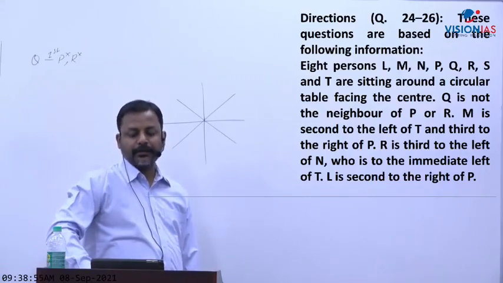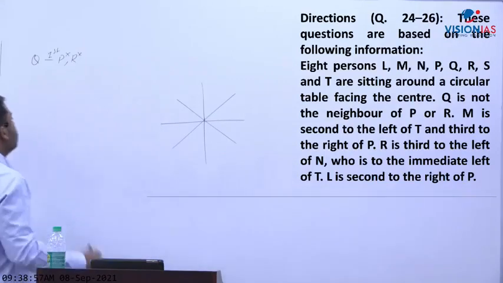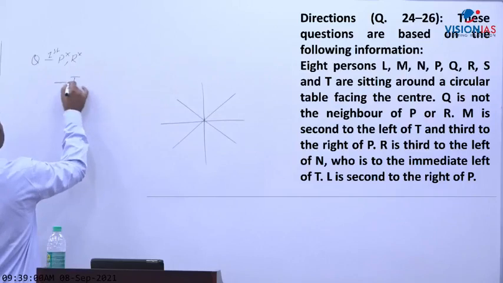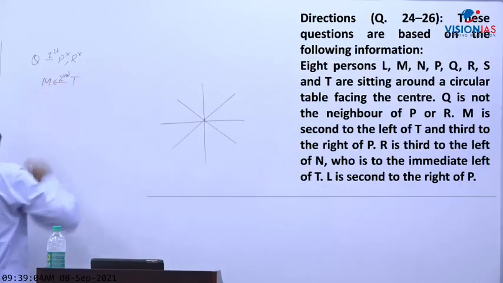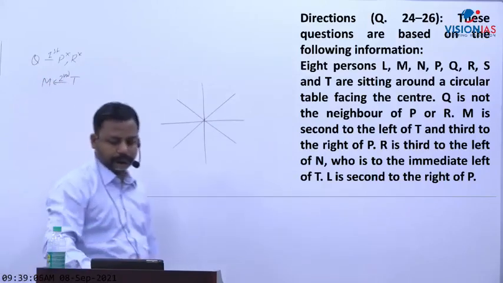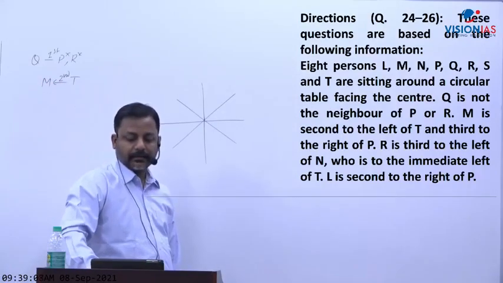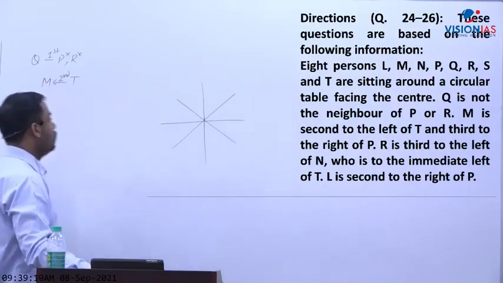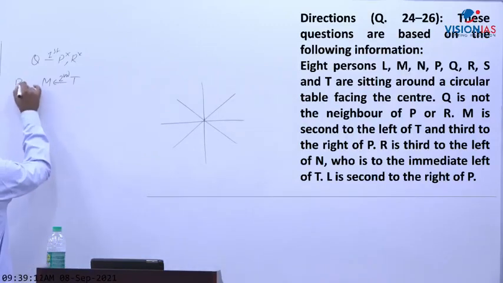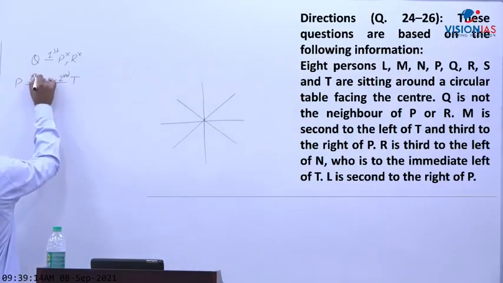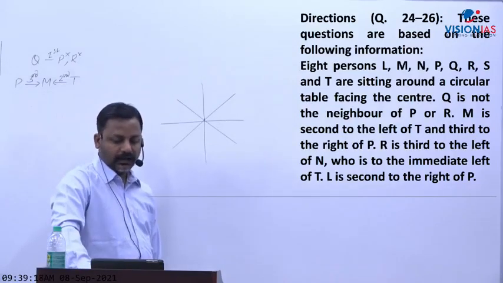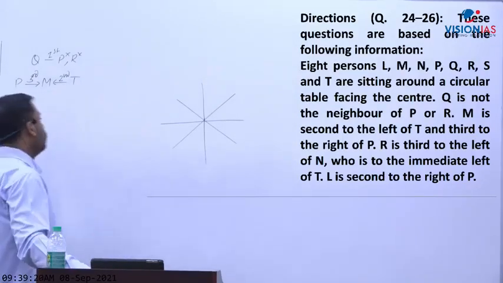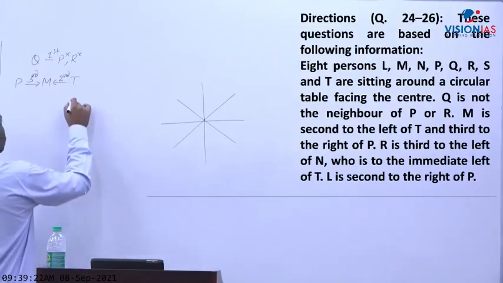M is second to the left of T. On the left hand side of T, at second position, M is there. And third to the right of P, means M is third to the right of P. R is third to the left of N.